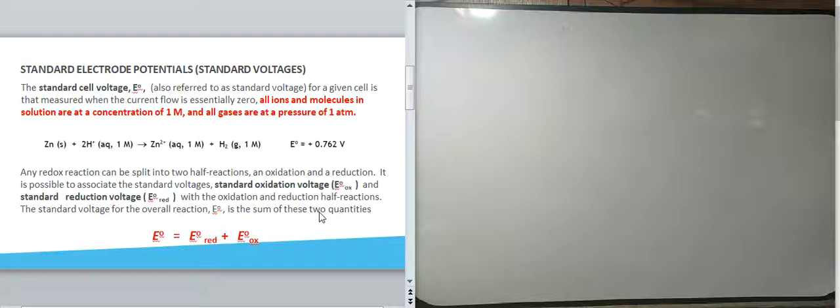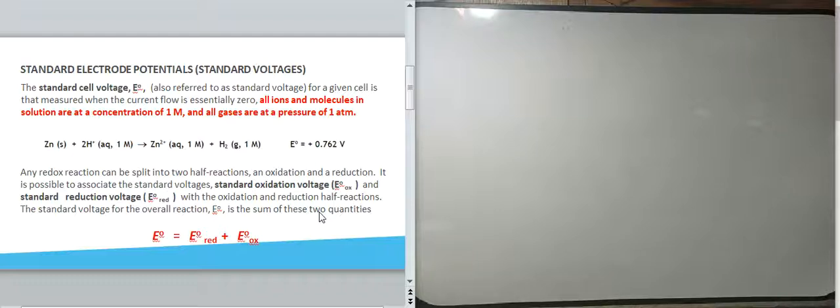Here the example is zinc plus 1 molar aqueous hydrogen ion, which will yield zinc 2 plus aqueous at 1 molar plus hydrogen gas, which is 1 atmosphere as well. Based on this equation, it has a standard voltage of positive 0.762 volts. Any redox reaction can be split into two half reactions, an oxidation and a reduction.